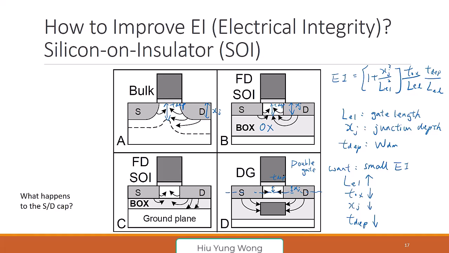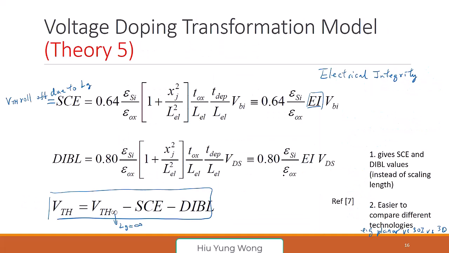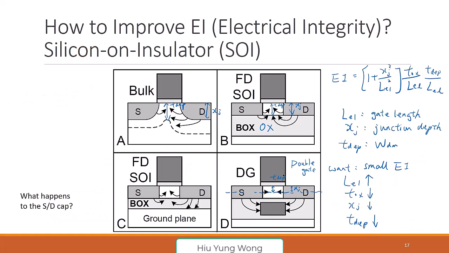So this is even better in terms of electrical integrity. I have even smaller threshold roll-off. In this method, we don't have the so-called scaling length, but it gives us the absolute value of the roll-off. Make sense? Any questions?